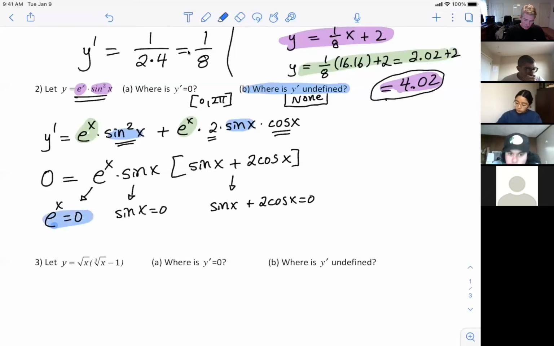Well, for this first one, the e function, it never equals 0. So that one gives us no solutions. And then if you look at the sine graph and where it equals 0, that would be at 0 and then pi and 2 pi.